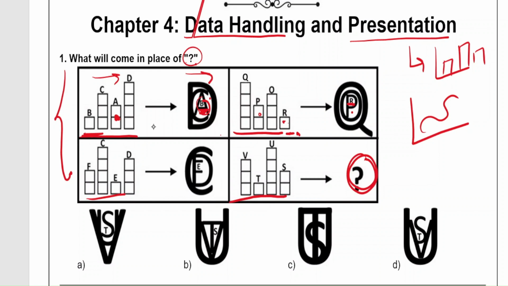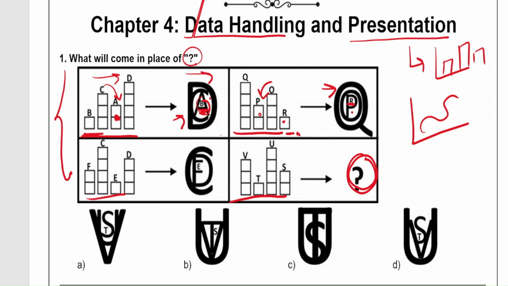Then C is written in a much bigger way, so C is much bigger than A, and here O is written, so O is much bigger than P. Then here it is written as D, the biggest, and here Q, the biggest. So we have identified something: the smaller the size of the letter, the smaller will be their quantity of blocks in this particular representation.